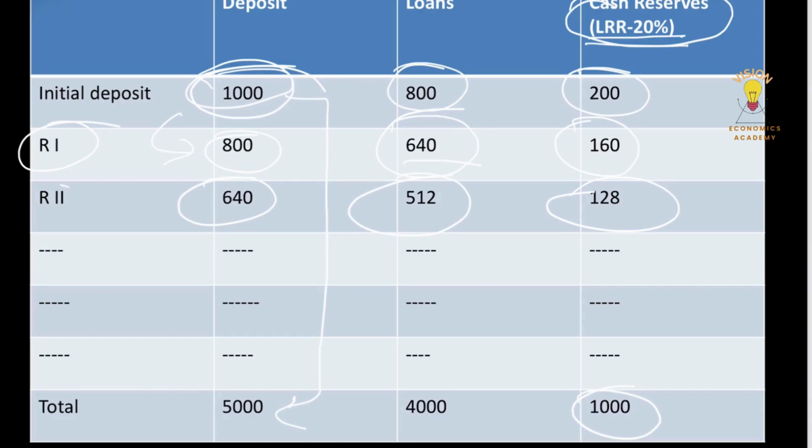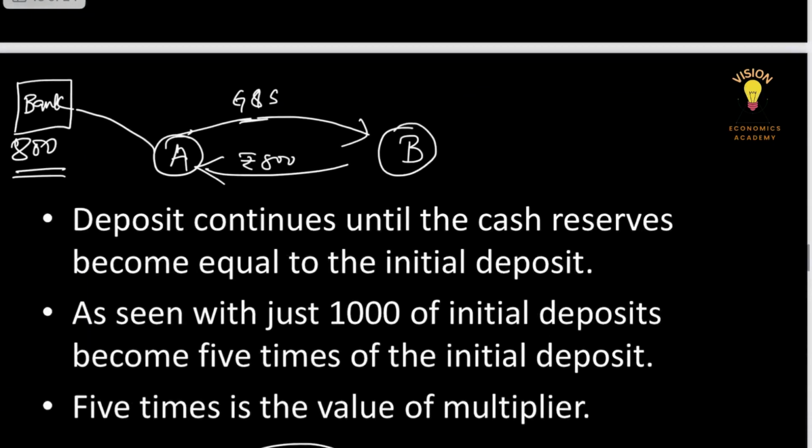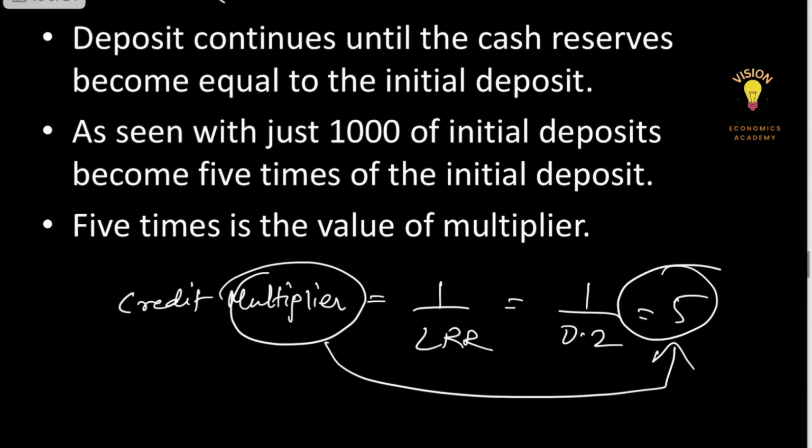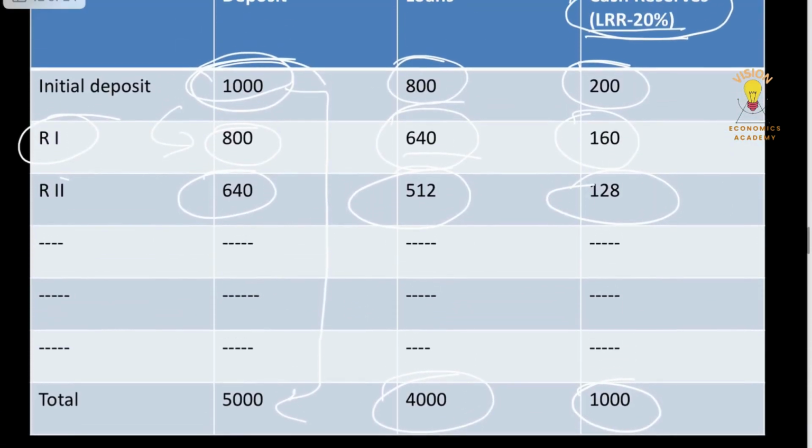They are able to create 4,000 worth of fresh loans. As 1,000 is the initial deposit, they have been able to create 4,000 more. The process will continue until the cash reserves become equal to the initial deposit. As we know the credit multiplier is 5, so the initial deposit increases 5 times.